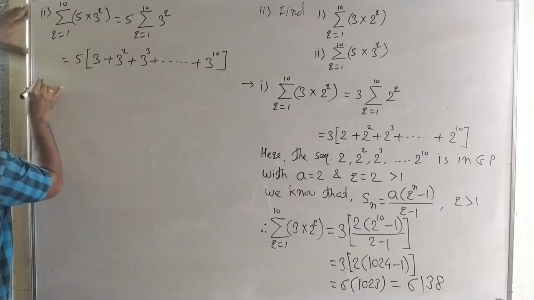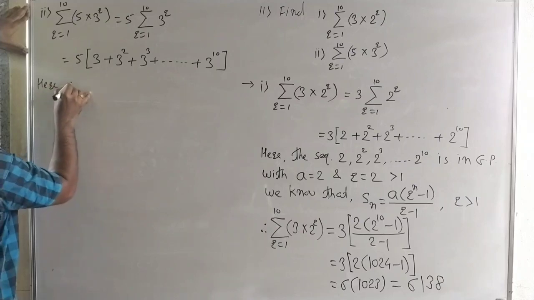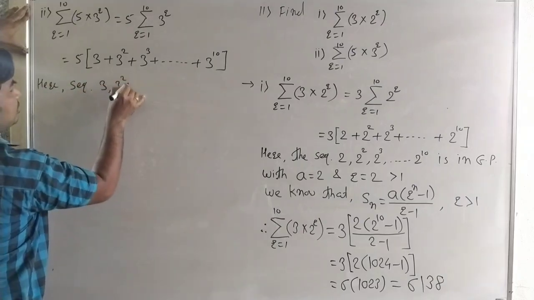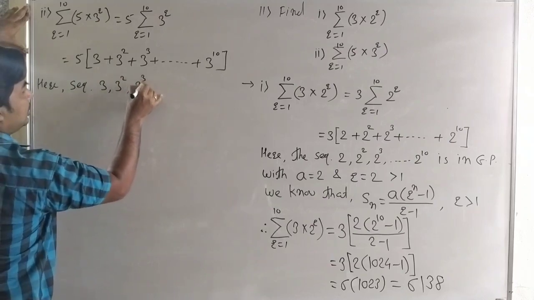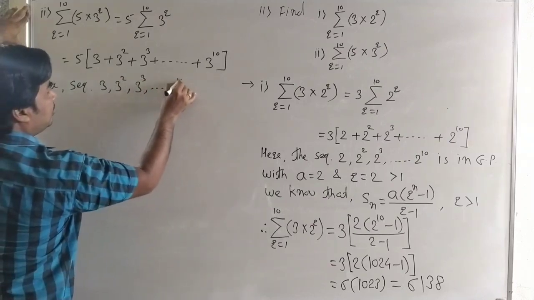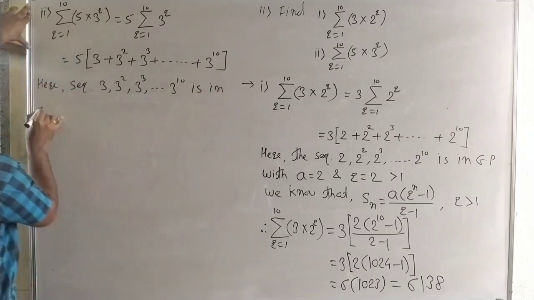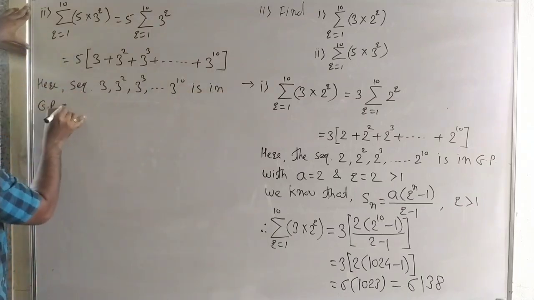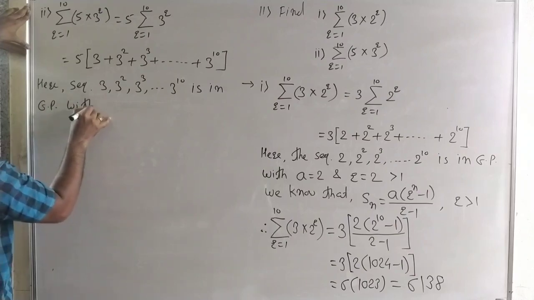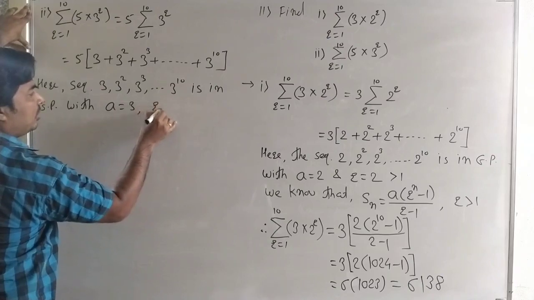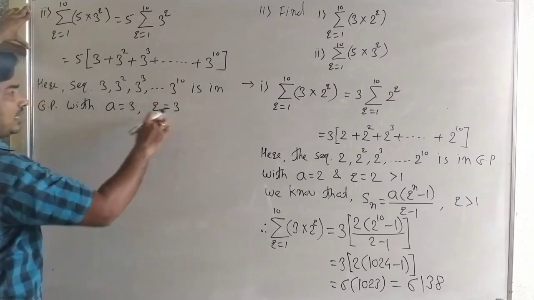Now here the sequence 3, 3 square, 3 cube up to 3 to the power 10 is in geometric progression, with first term 3 and common ratio also 3, and again it is greater than 1.